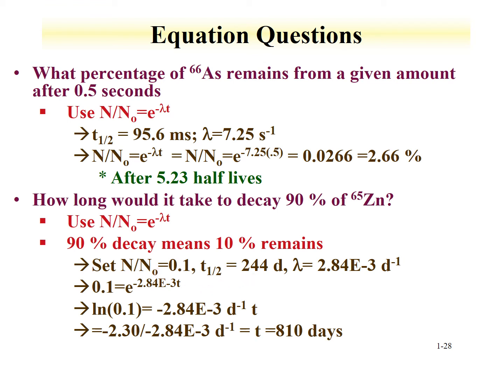The half-life is 244 days. Let's just use the value in days. Log 2 divided by that, 244, shown here. I set up my equation, solve for t. T equals 810 days. So you can use this to estimate the time or calculate the time to get any sort of ratios, or calculate the ratios at any given time.